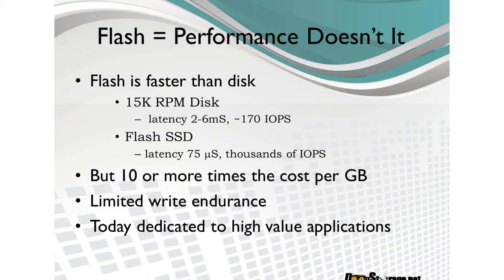A mid-range flash disk has latency of around 75 microseconds and can deliver thousands or tens of thousands of I/O operations. However, flash is substantially more expensive than disk on a per gigabyte basis. Remember, flash is substantially less expensive than disk on a per IOP basis.